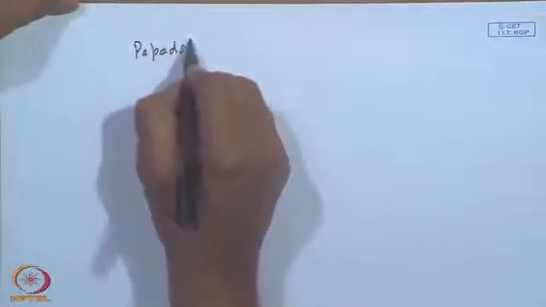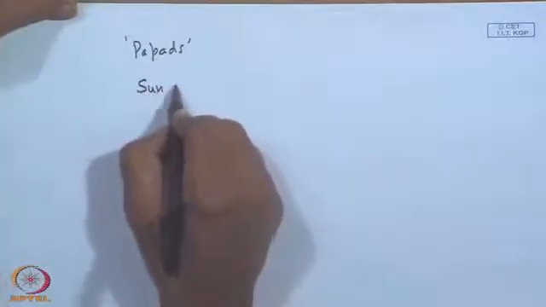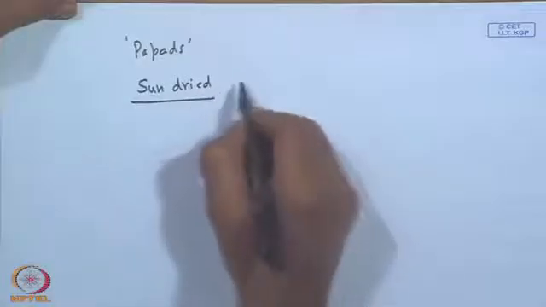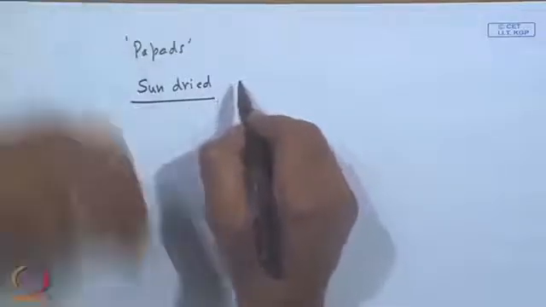And if you look at the good old days, say for example, your puppets and n number of other durable food, edible items, they are sun dried. So, this is a passive solar application.